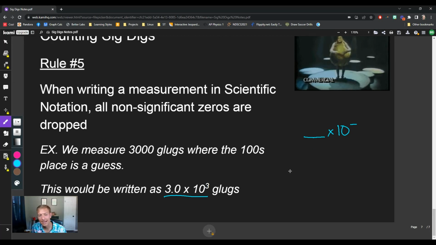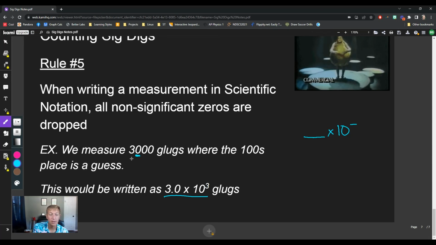In scientific notation, we drop anything that is not significant. So leading zeros and ending zeros that aren't significant, we drop those. We only put what's important. So let's say here, in my example, we measure 3,000 glugs, where the hundreds place was the guess. Well, the hundreds place is this one right here, this first zero. Thinking back to what we talked about, all the known digits plus our one guess digit are significant figures.